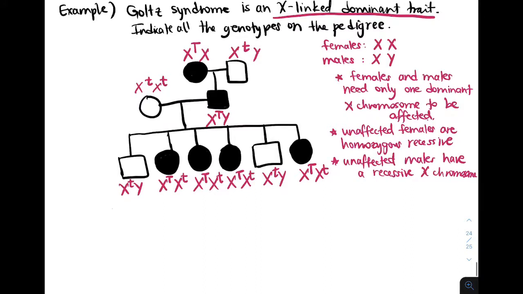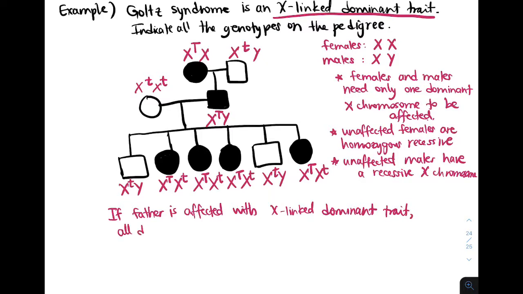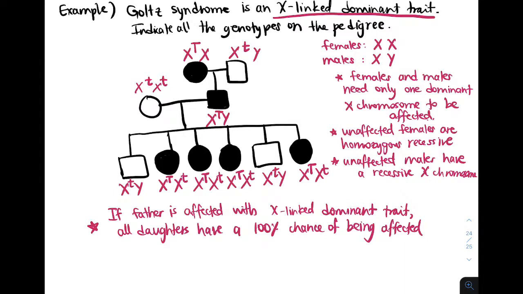But here are some key ideas. If a father is affected or is colored in and shows the trait for an X-linked dominant trait, then that means that all daughters must be affected. So all daughters have a 100% chance of being affected. And the reason is because all daughters receive an X chromosome from their father.